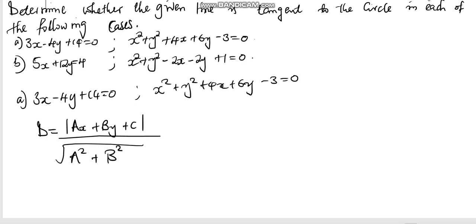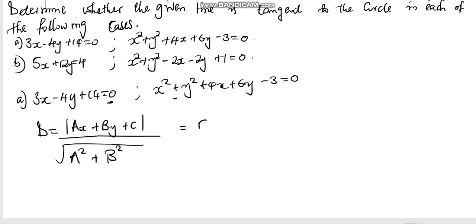If this line is tangent to this curve, then the distance should be equal to the radius of this circle. So we're going to calculate the distance, and also find the radius of this circle. If these two values are the same, then we can conclude that this line is tangent to this circle.